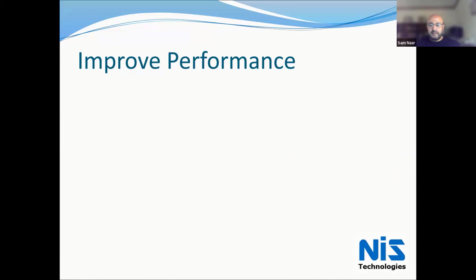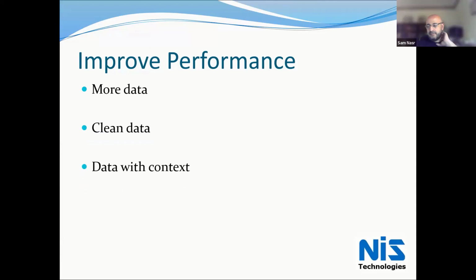So how do we improve that? Obviously, more data, but not just more data. You want clean data, meaning no outliers, no null values, and that the data is cleansed. More importantly, you want to look at data with context.